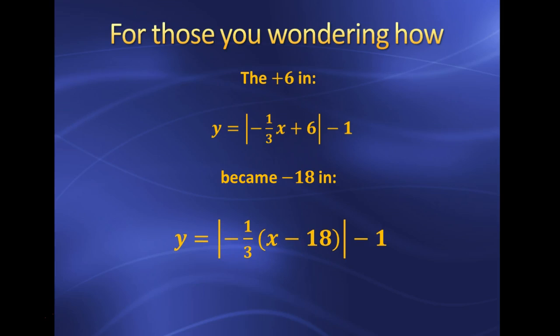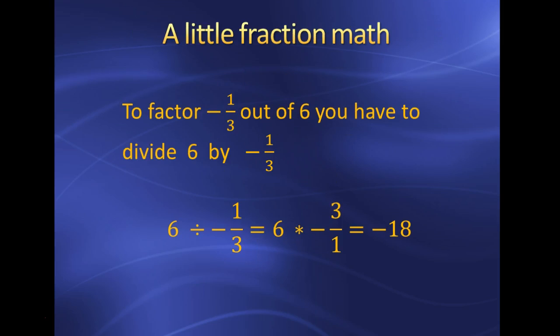For those of you wondering how we went from a plus 6 to a negative 18, here's a little review of fraction math. To factor negative 1/3 out of 6, we have to divide 6 by negative 1/3. Now, you may have learned in middle school or elementary school the phrase, keep it, change it, flip it.